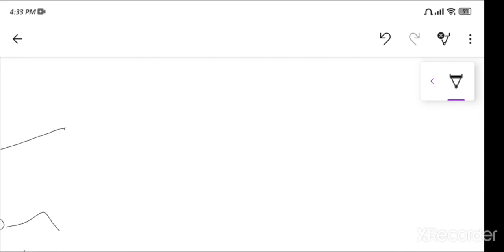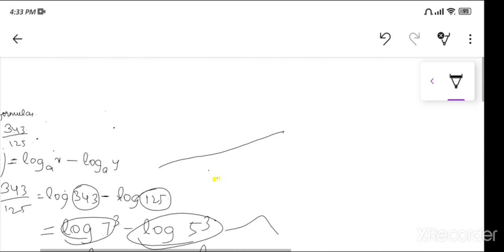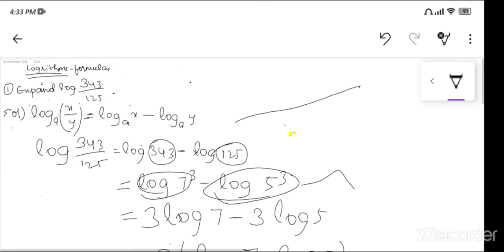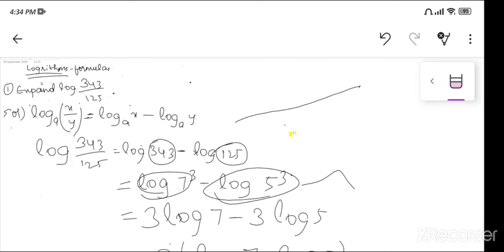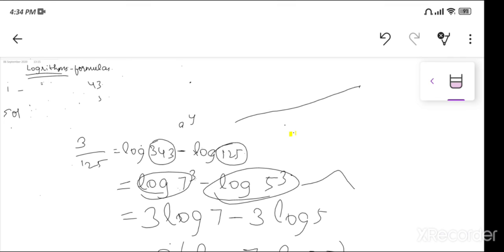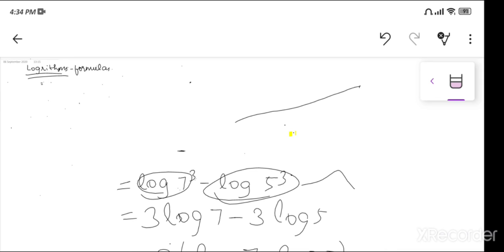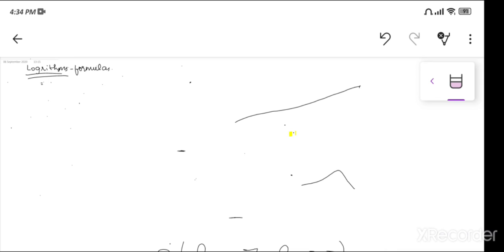My screen is not zooming out for some reason. Alright. Nice. I'm going to rub off some things.